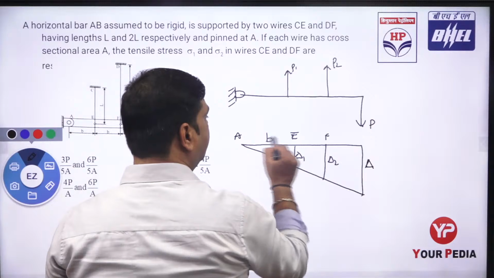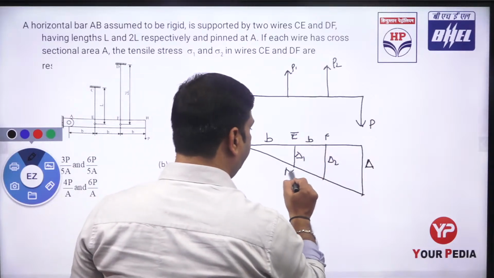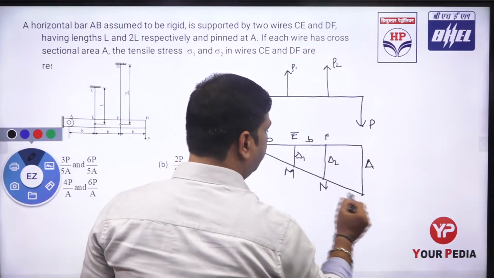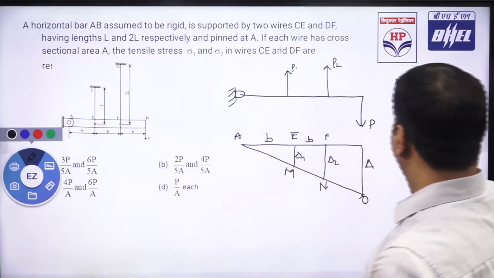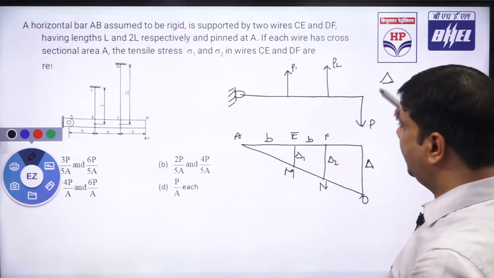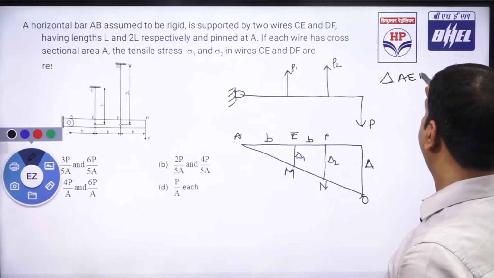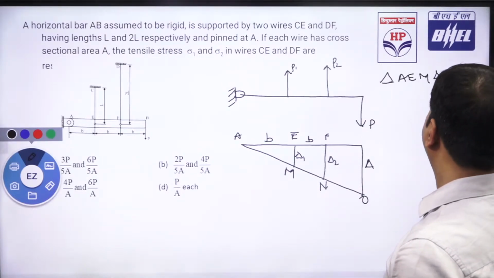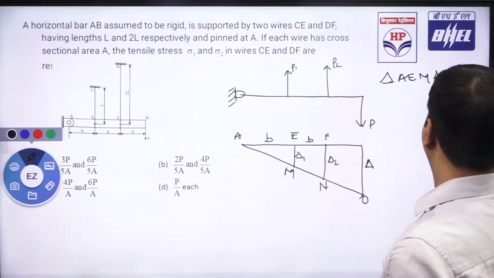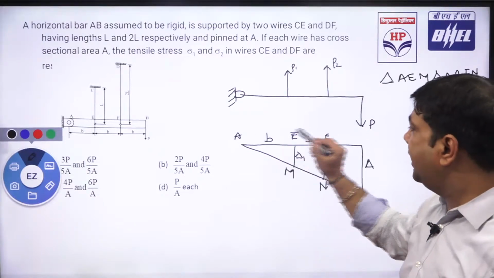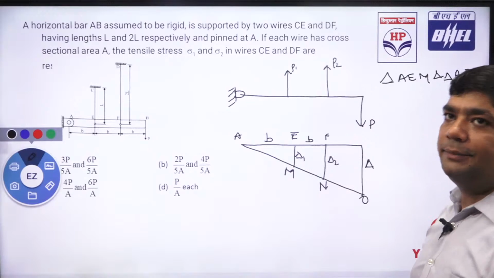This is B and this is again B. Taking this as point M, this as point N, and this as point O, now take two triangles: triangle AEM and triangle AFN. Both are similar triangles.